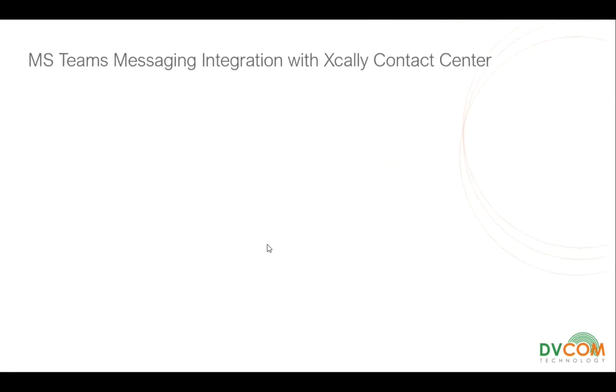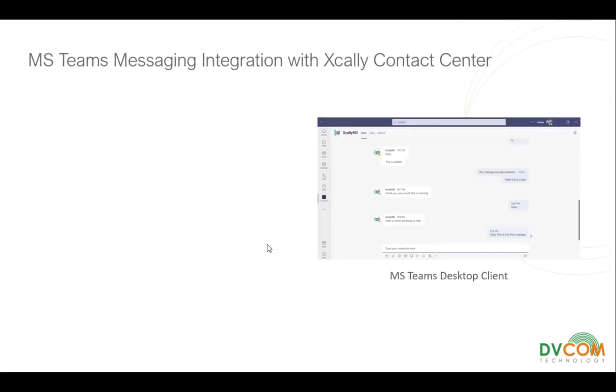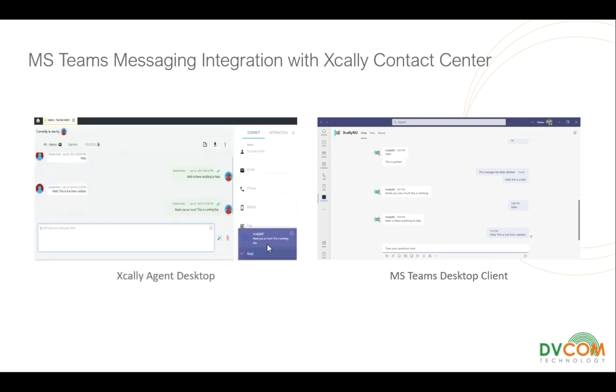Now this is an example of the Microsoft Teams desktop client. You can see the chat conversation, or the messaging, exchanged with the contact center agent, and this is the Xcali agent desktop. They can communicate seamlessly without any problem, and they can share attachments and also text messages.